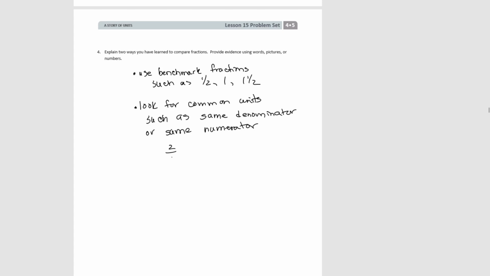I could just give an example. So these have same numerators, and thirds are greater than sixths.